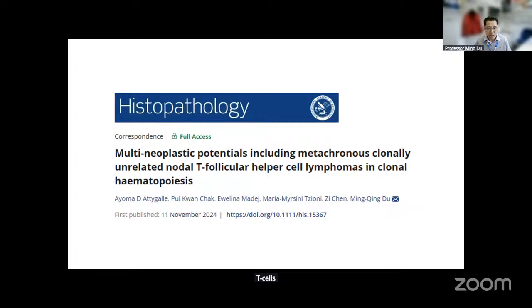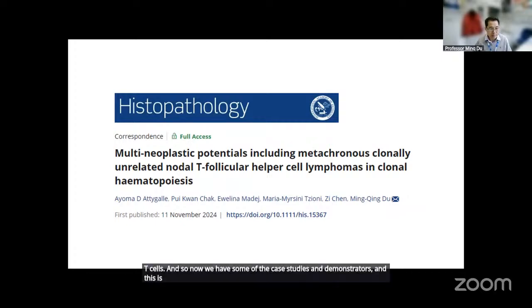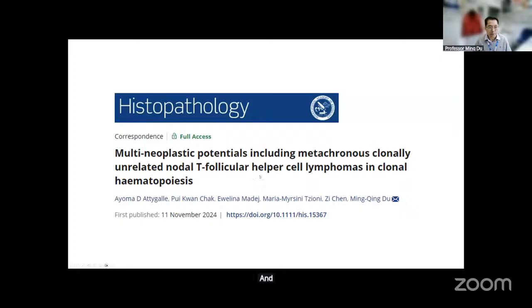Now we have some case studies, and this is one of the case studies we worked out with Amr Khiyani from the Royal Marsden Hospital. We demonstrate multi-neoplastic potential, including metachronous and clonally unrelated nodal TFH lymphomas in clonal hematopoiesis.